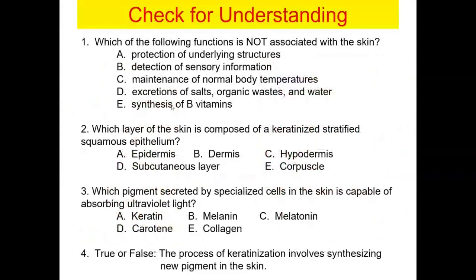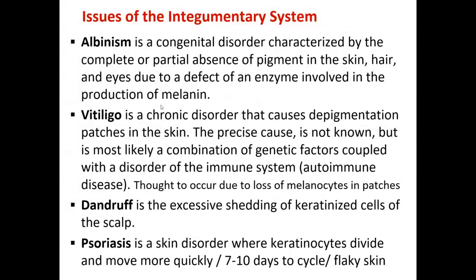Okay, practice questions. Some disorders. Albinism is a genetic condition in which the person's skin does not make melanin, and usually the hair also, and even the irises, the colored part of the eyes, are very light.